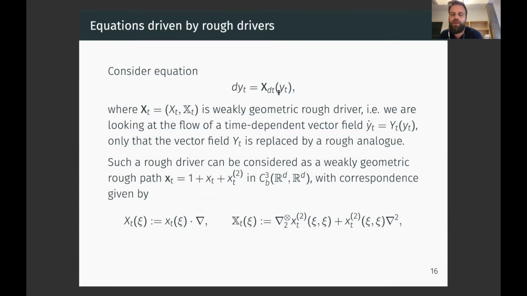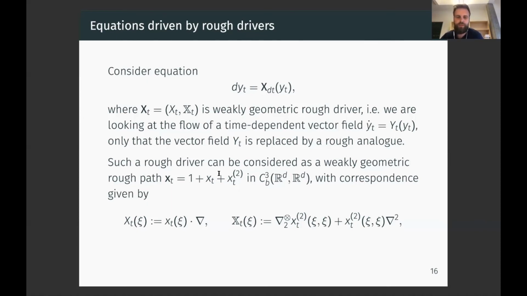So you want to have a rough version. If you think of a rough path as a generalization that contains paths of stochastic processes, then this is a generalization that contains stochastic flows in a certain sense.